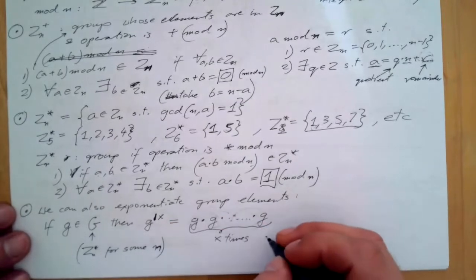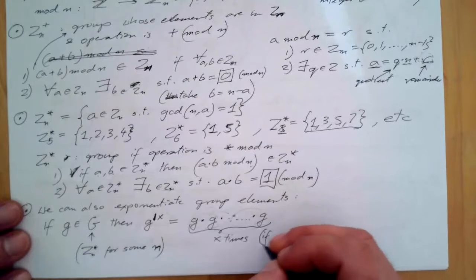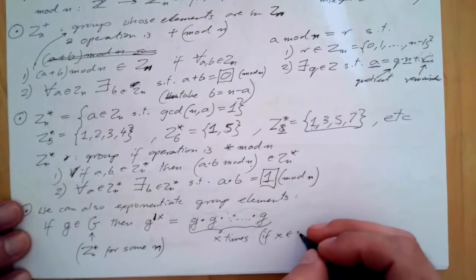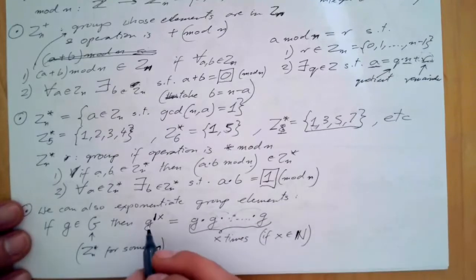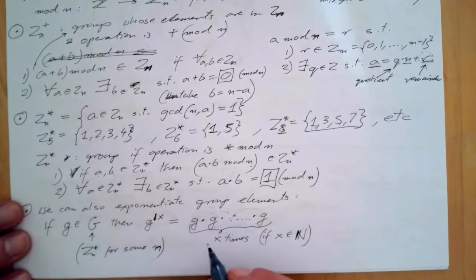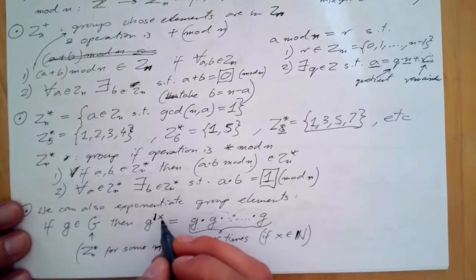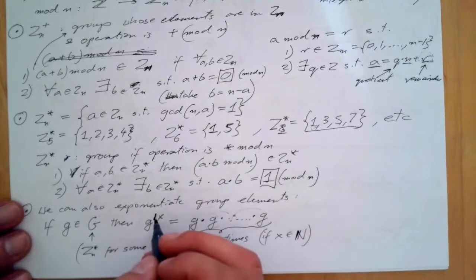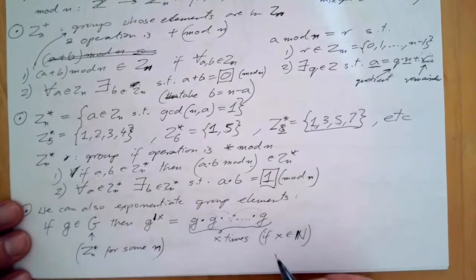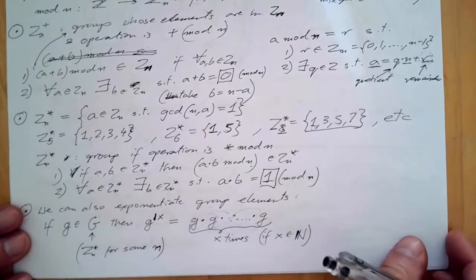This is, of course, defined if x is a natural number. I still don't know what exactly it would mean if x was 1/2, but for any integer, it just tells me how many times I should multiply G.